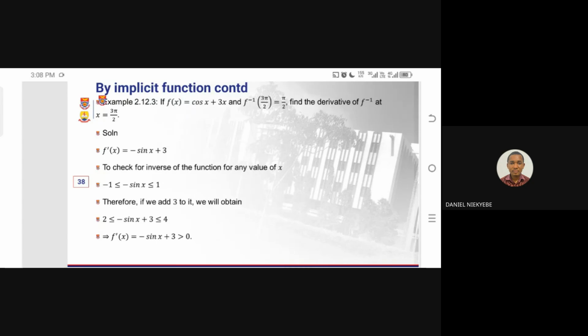And you realize that you have to check whether the x value lies between -1 and 1, because we are saying that sine should lie between -1 and 1. If it lies between them, then you proceed.